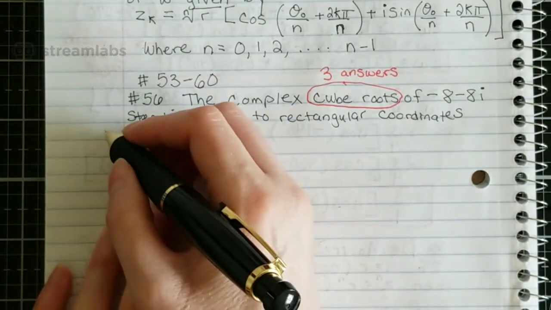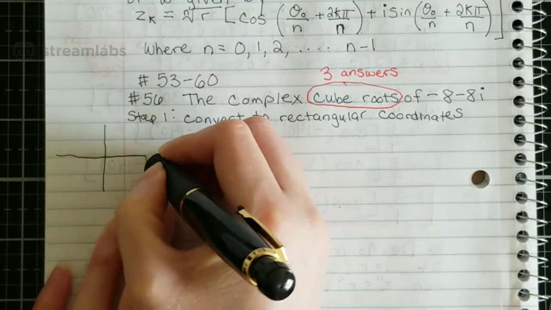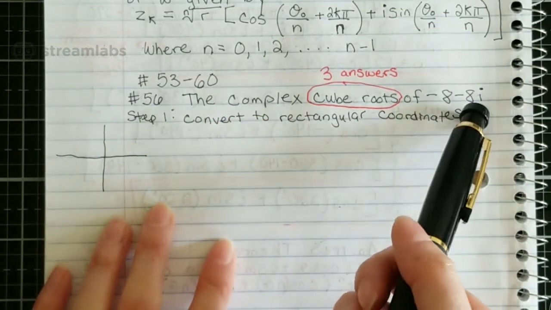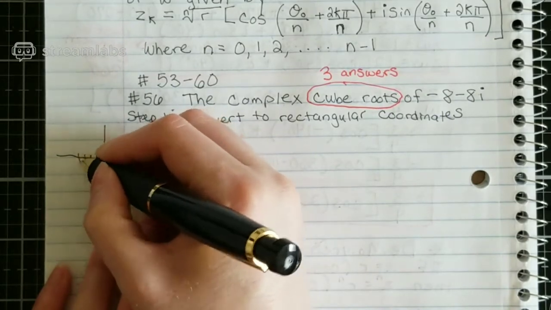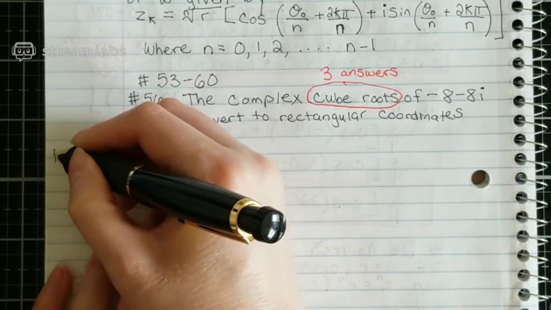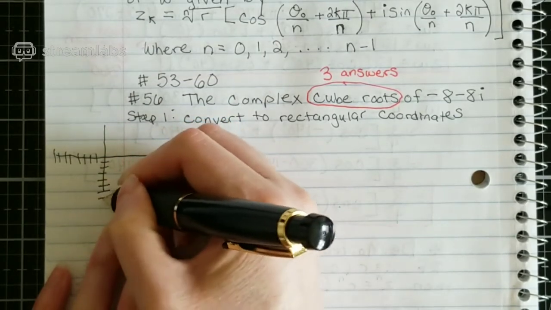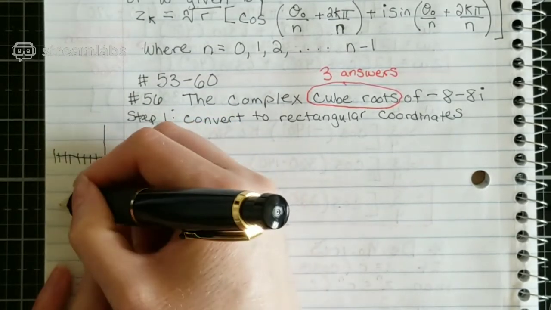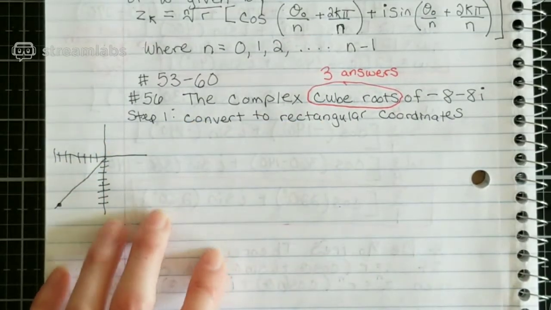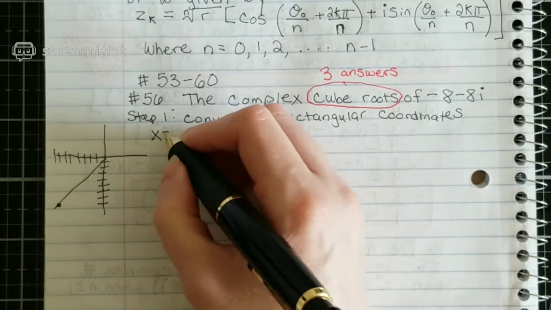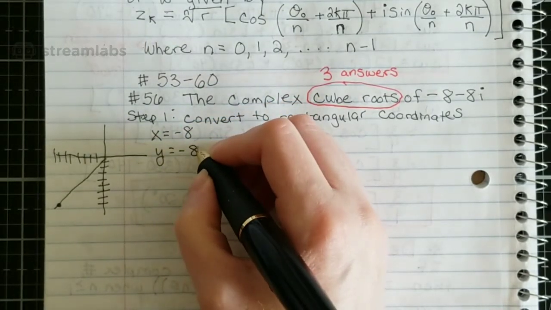Alright, so I would probably plot this just so you kind of know what quadrant you're going to be in too. So -8, -8i, so -8 would be over here. And then -8 going down. Okay, so that would be the junction of that. So I know I'm in quadrant 3. So x is -8, y is -8.